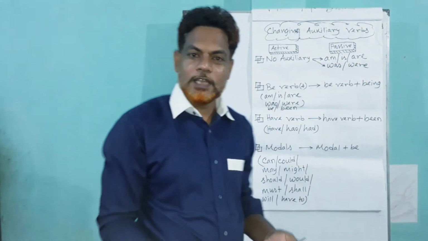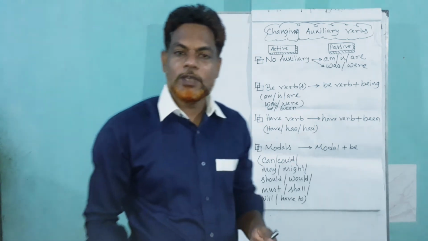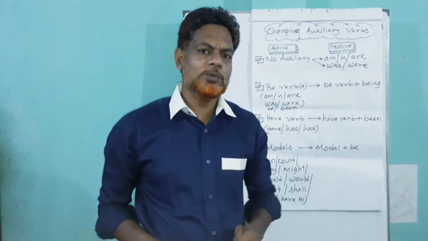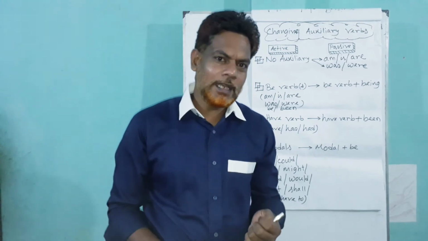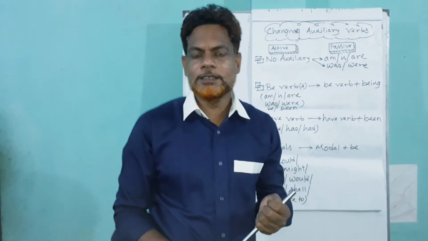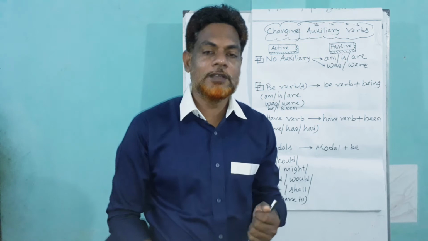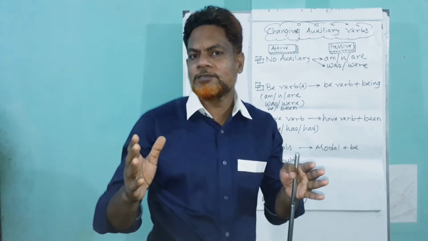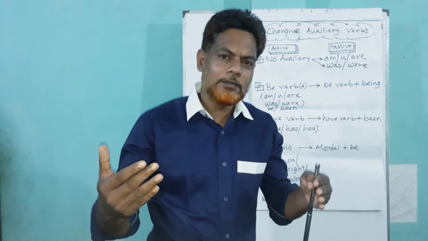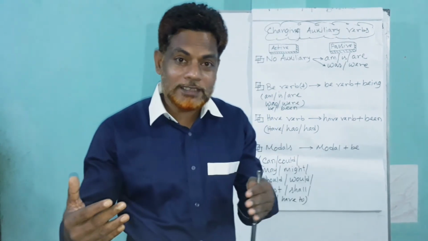Dear students, I told you earlier that you have to follow 6 fundamental rules to change the active voice into passive. Another thing: remember that you have to write the auxiliary verb in the 2nd position. You may not identify the tense from the active voice.